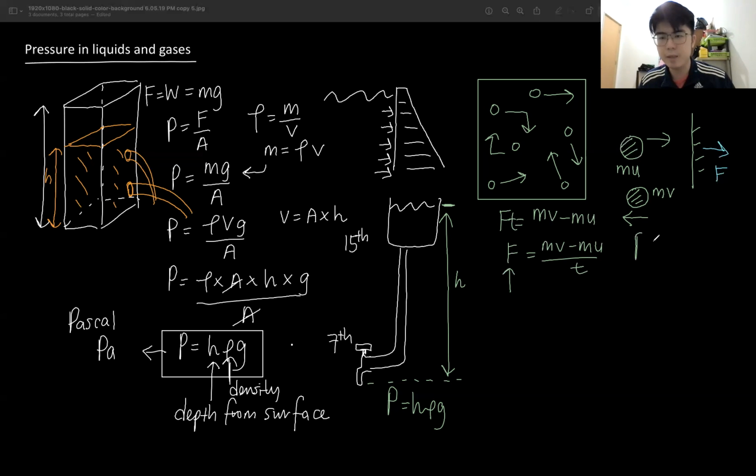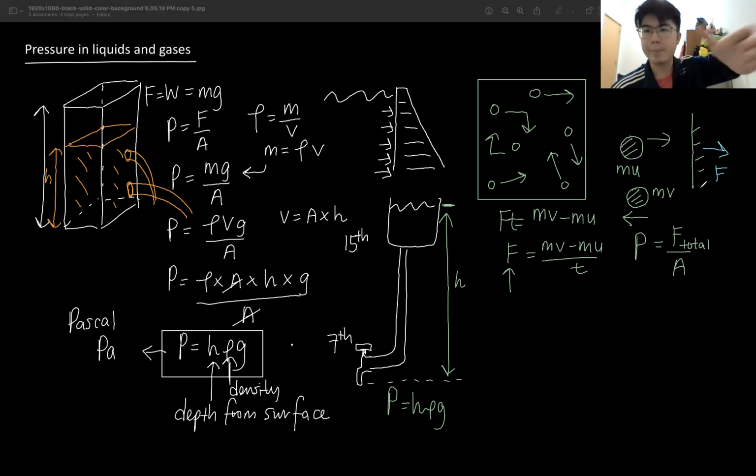So again, P is force over area, where the force is the total of the impulsive forces. That in essence is the pressure of gas. So where does it come from? It comes from collision.